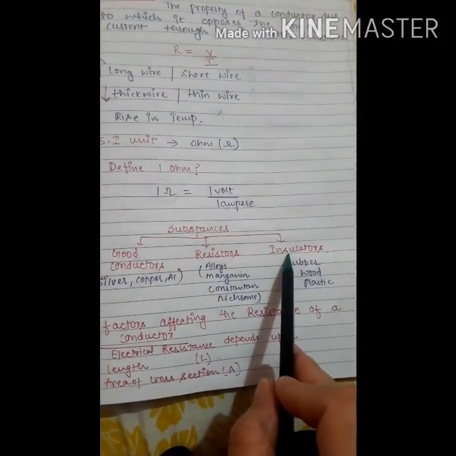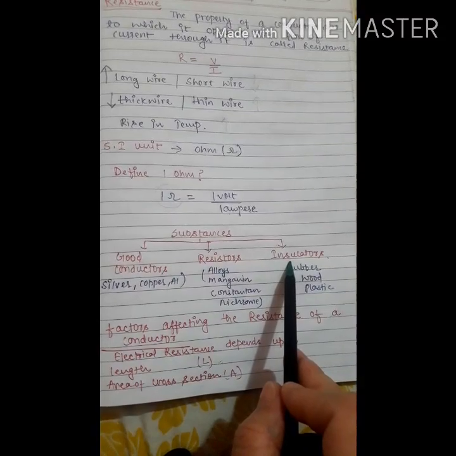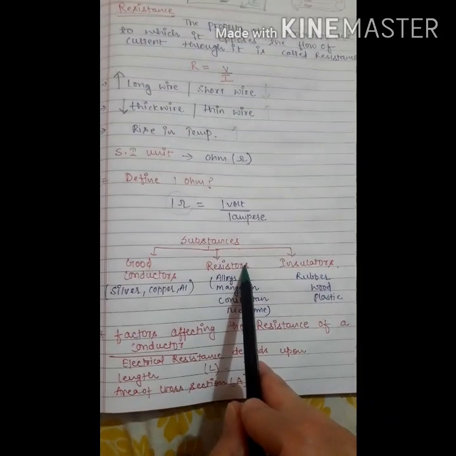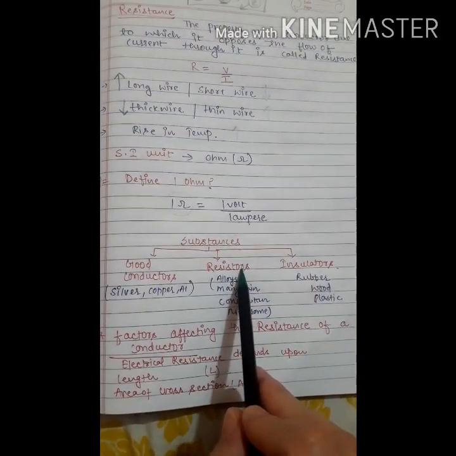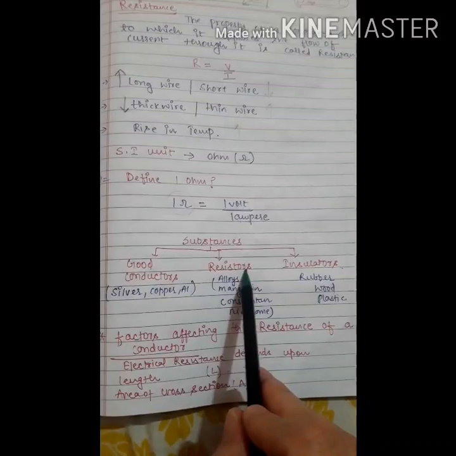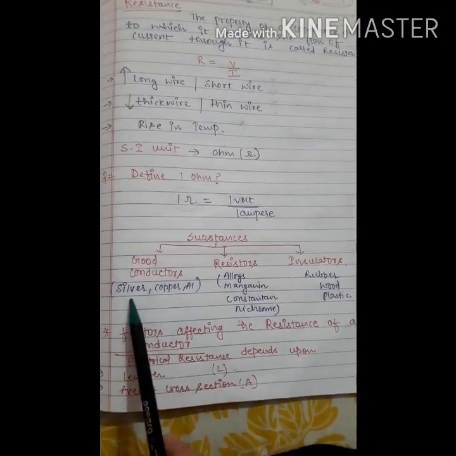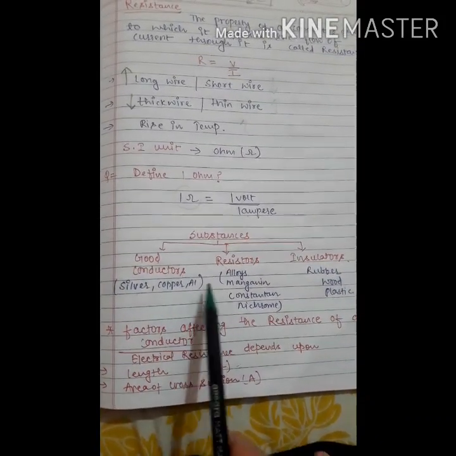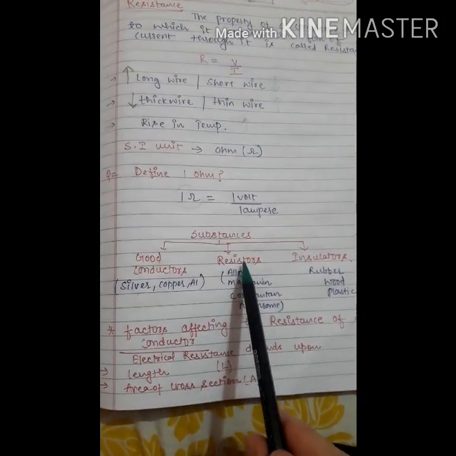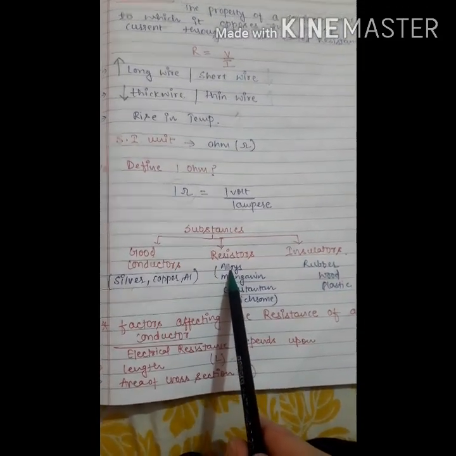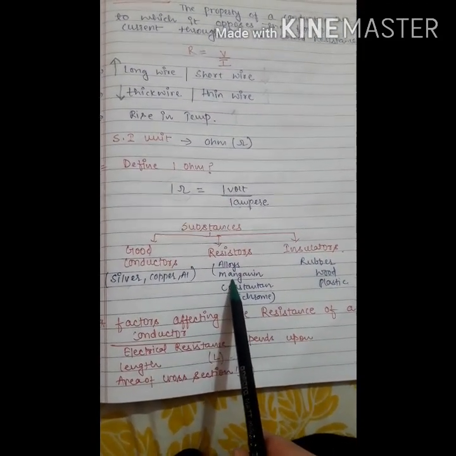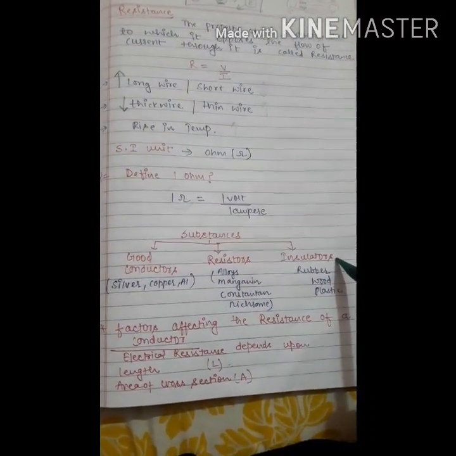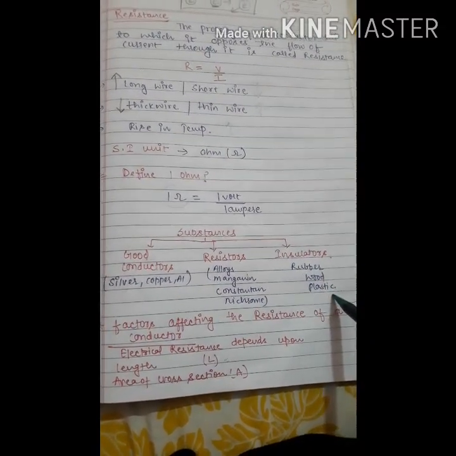Insulators are those substances in which electrical resistivity is very large, and resistors are those substances in which electrical resistivity is moderate. Examples of good conductors are silver, copper, and aluminium. Resistors are mainly alloys, and in alloys, manganese, constantan, and nichrome are examples of resistors. Insulators are rubber, wood, and plastic.